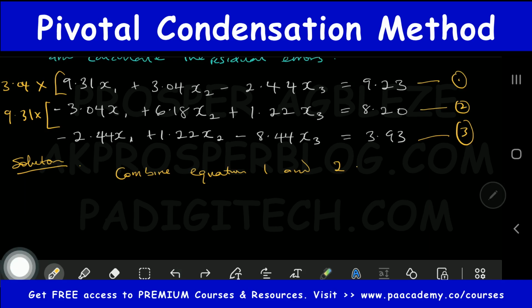All right, so if we use 3.04 to multiply all of this, we are going to get this value.